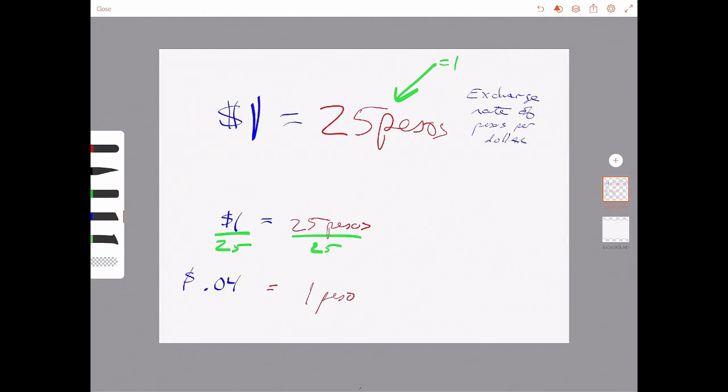So the exchange rate of dollars per peso is 4 cents for 1 peso.